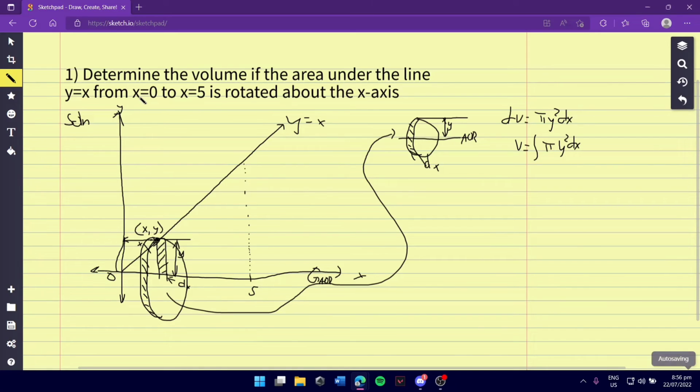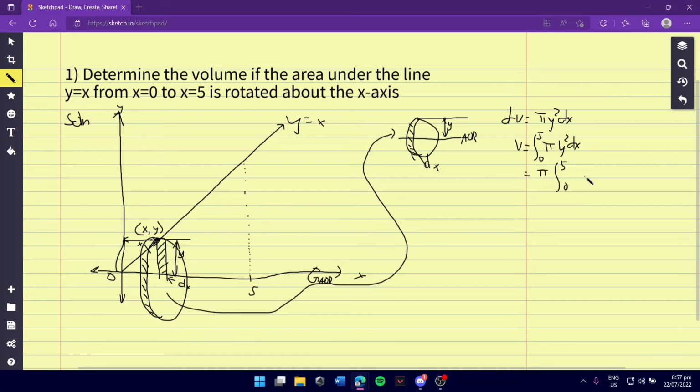Since it is from x equals to 0 to x equals to 5, our limit is from 0 to 5. Since the pi here is constant, we put it outside, and then we put here the integral and the limits.